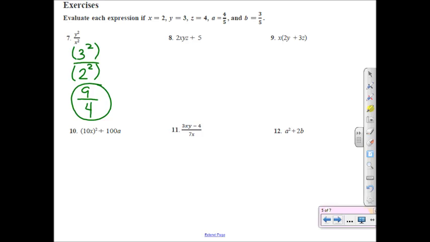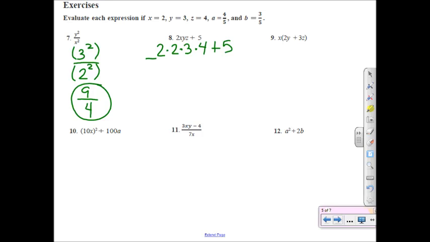Alright, number 8, we have 2 times x times y times z plus 5. So 2 times x is 2, times y is 3, times z is 4, plus 5. We don't have parentheses, we don't have exponents, we do have multiplication. So multiplication just works from left to right.